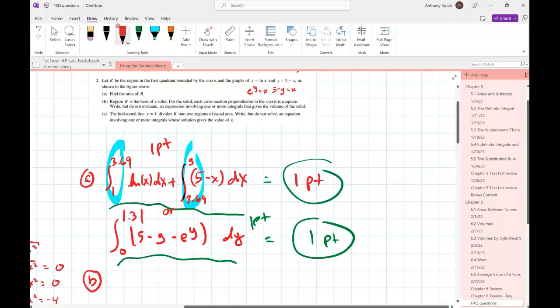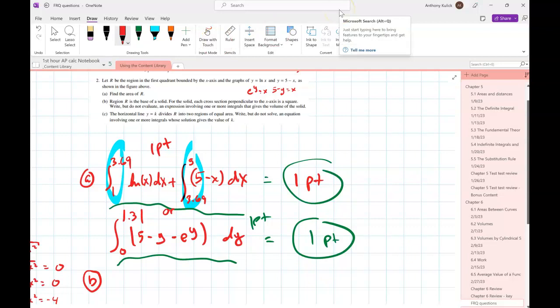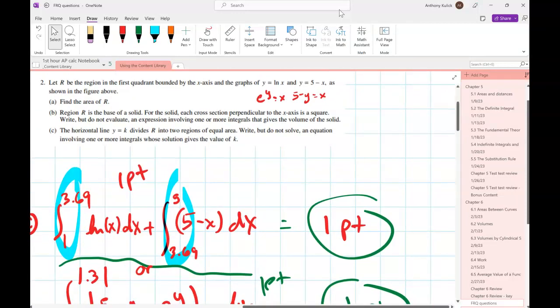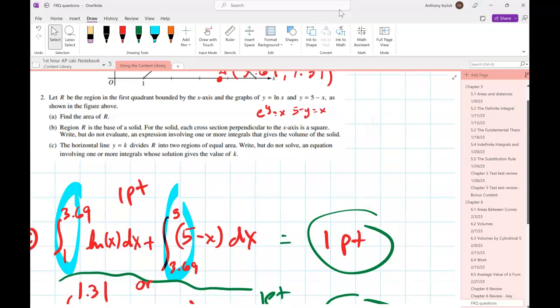Part B sounds trickier than it really is. So it says region R is the base of a solid. Each cross-section perpendicular to the x-axis is a square. Write but do not evaluate an expression involving one or more integrals that gives the volume of the solid.